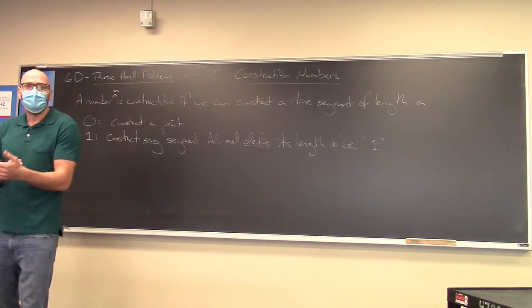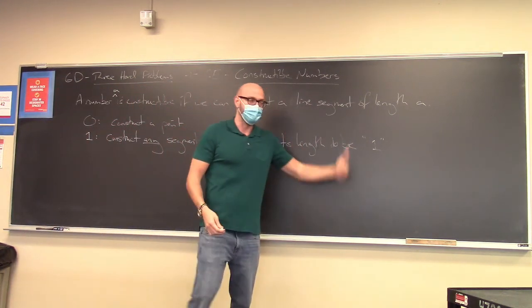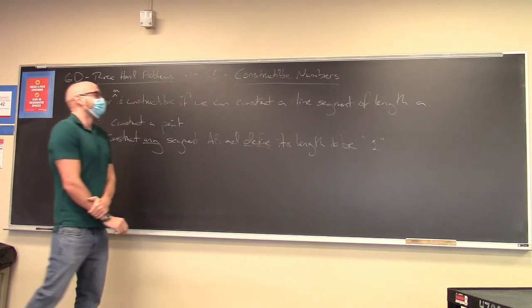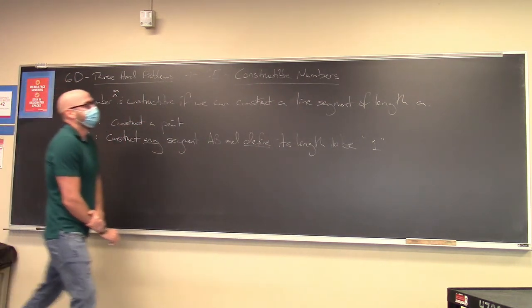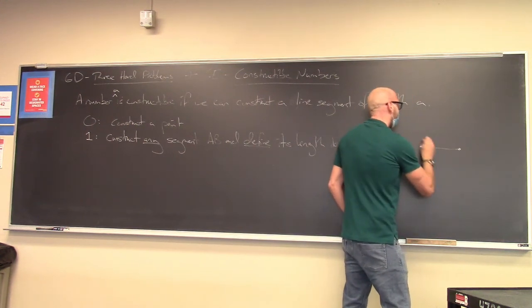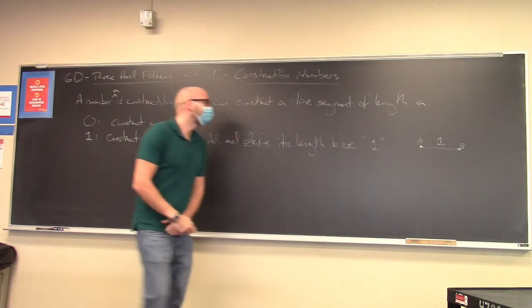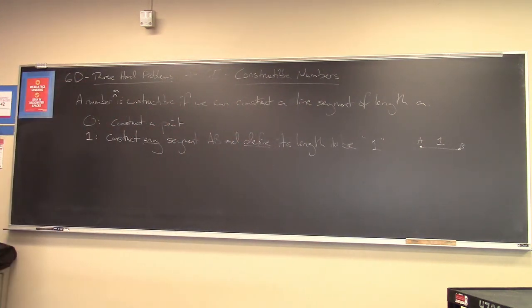Does that make sense? You've got to establish your units before you can do anything else, whether you're working with inches or centimeters or miles. So you just draw any old segment and you say, all right, this is the unit I'm working with. This is what I'm going to call 1. All right, so 0 and 1 are constructible.